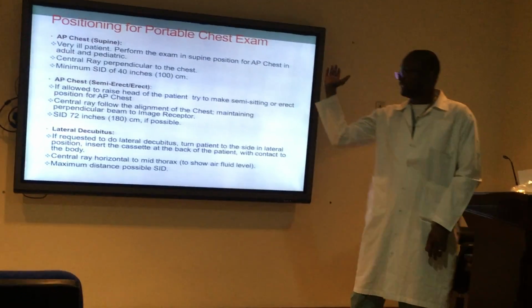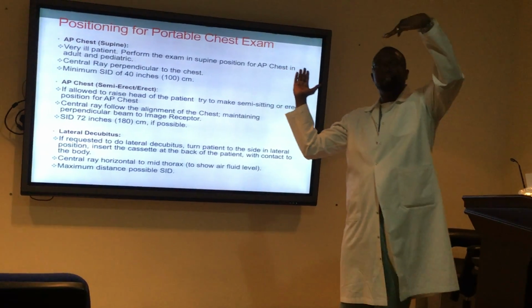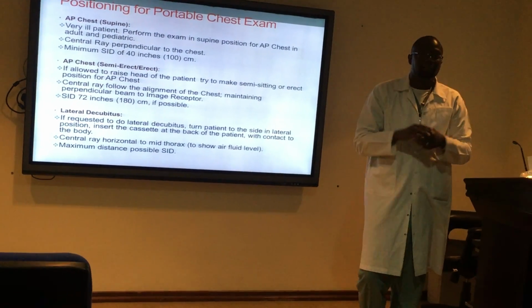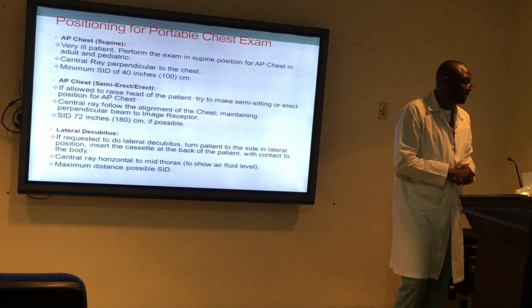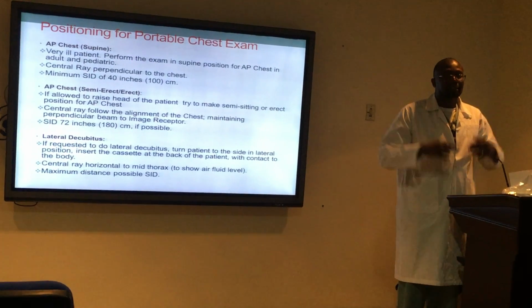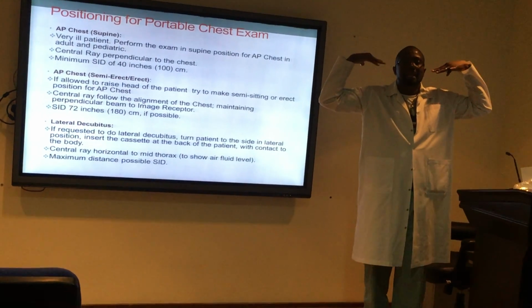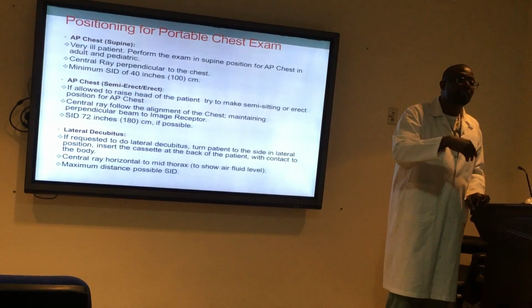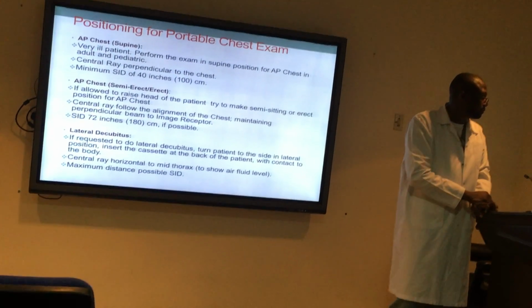If you position your patient this way, you have to make sure the central ray is perpendicular so that you don't have what? A lordotic chest x-ray, in which case the clavicles are way above the lungs. This we will go through in our next class.